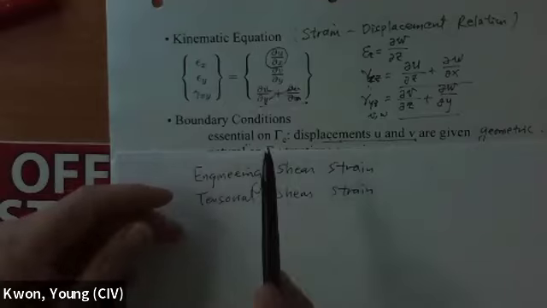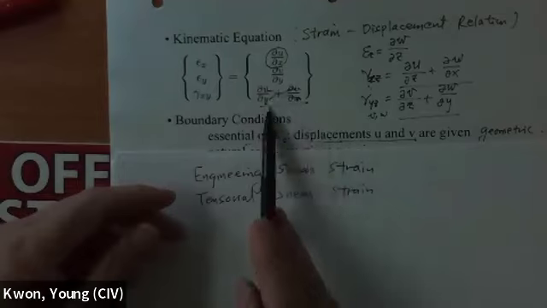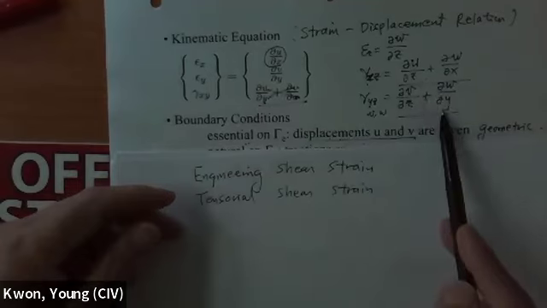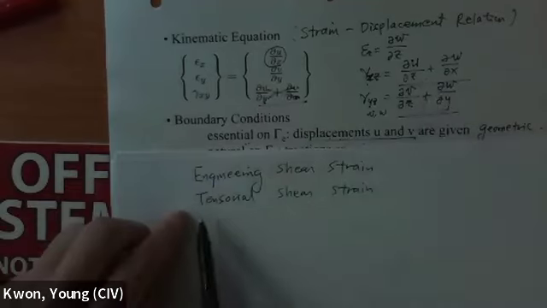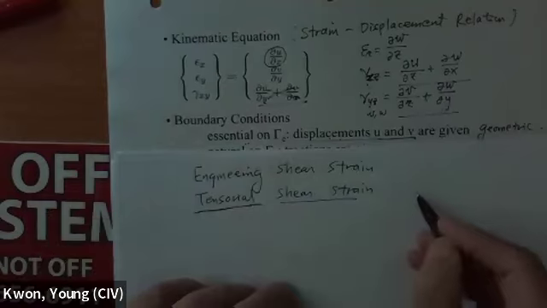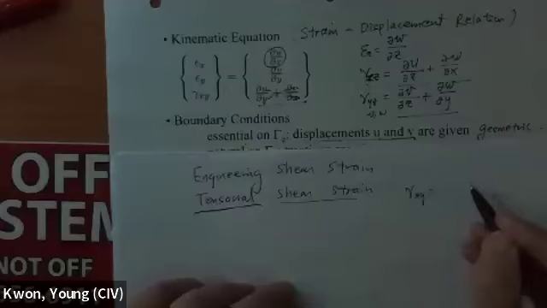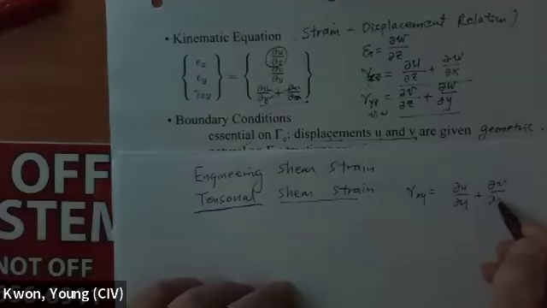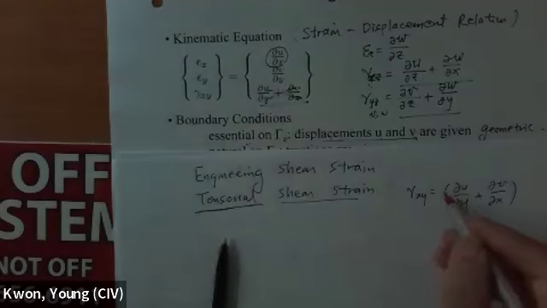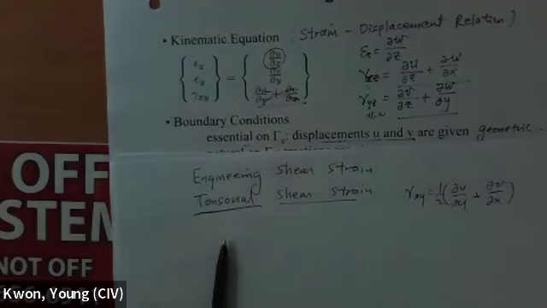Those are engineering shear strains. Then what is tensorial? Tensorial shear strain is, for example, that gamma xy is not just du/dy plus dv/dx, but it is divided by 2. So when you divide this by 2, that is called tensorial shear strain.